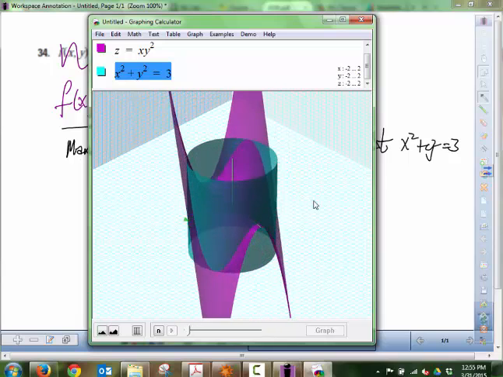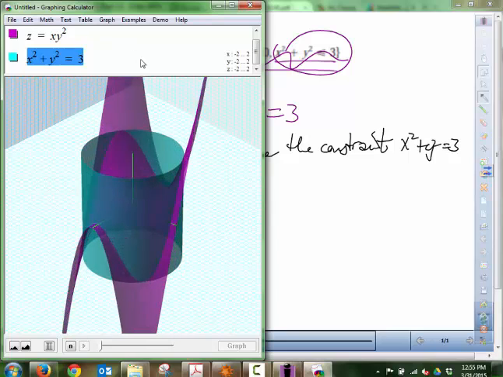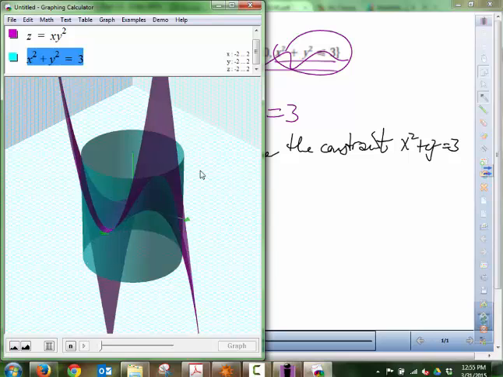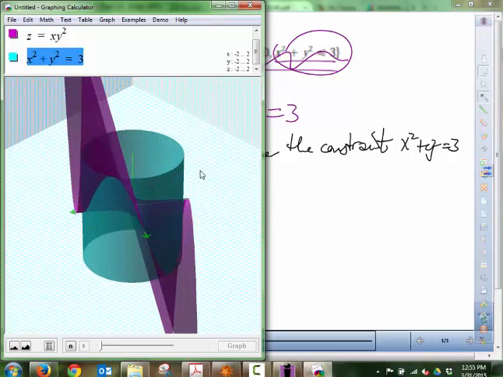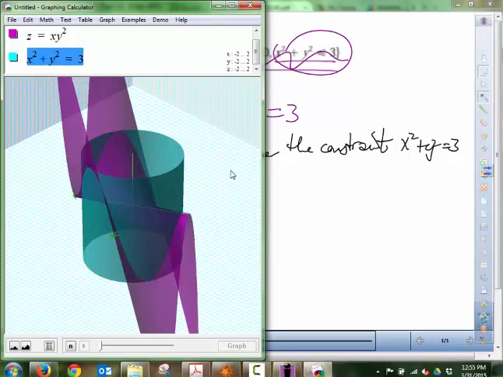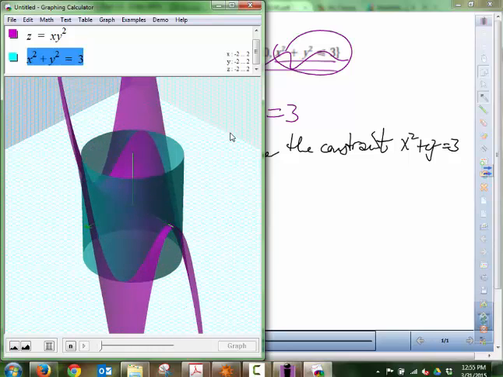So let's see. The way to approach this is to look at their gradients. What do we know about gradients? Vector. Good.